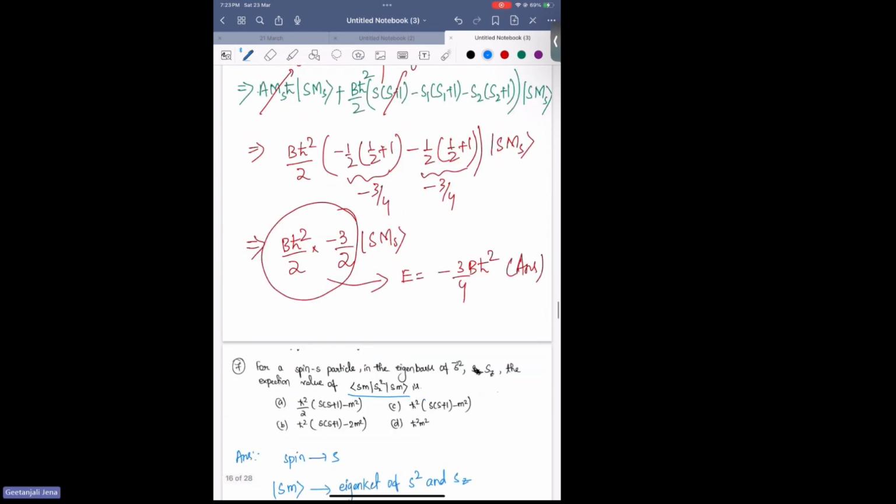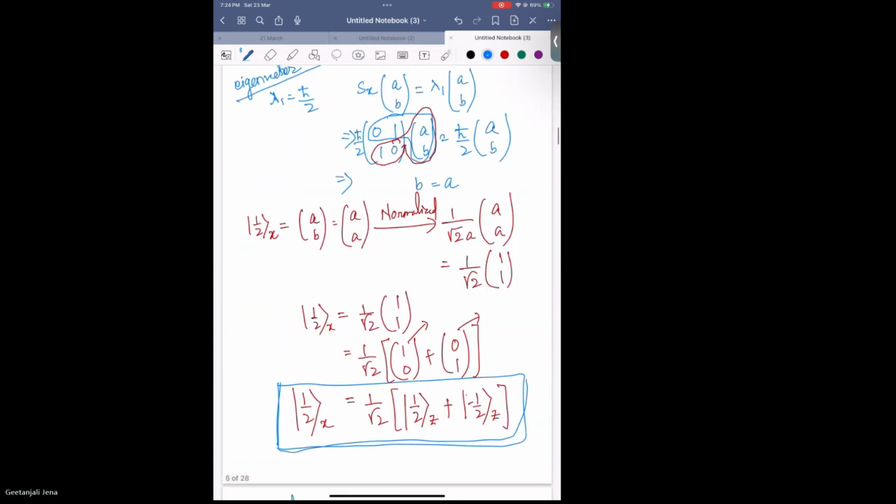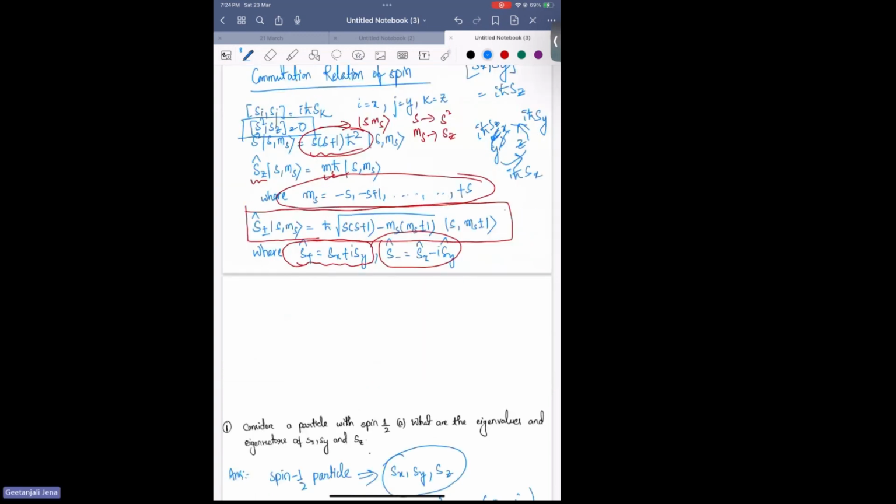So let us see what is the expression for S plus. S plus S minus is given by this equation which I have shown you in the first slide. If you see this term, it changes the magnetic quantum number of the system. A plus operator changes M to M plus 1, and a minus or lowering operator takes M to M minus 1.